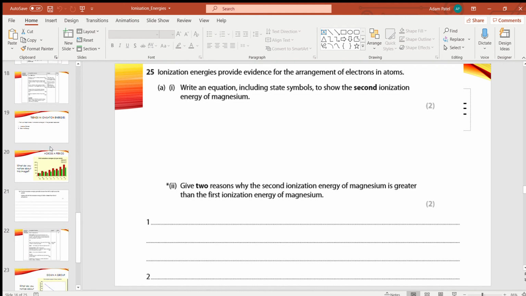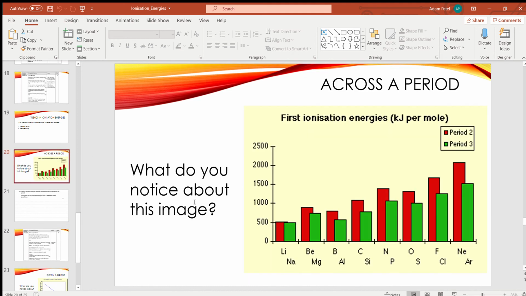Oxygen has 4 electrons in the p subshell, so there's more repulsion, so there's less attraction between the nucleus and the outer electron. That's a very, very important point to consider.